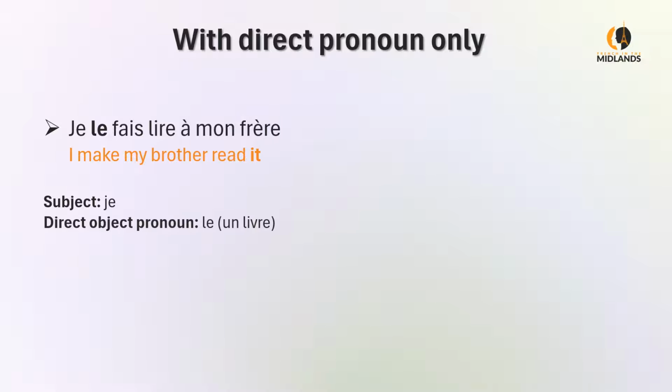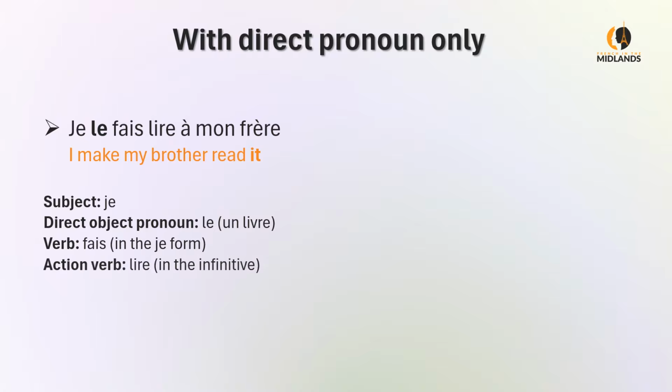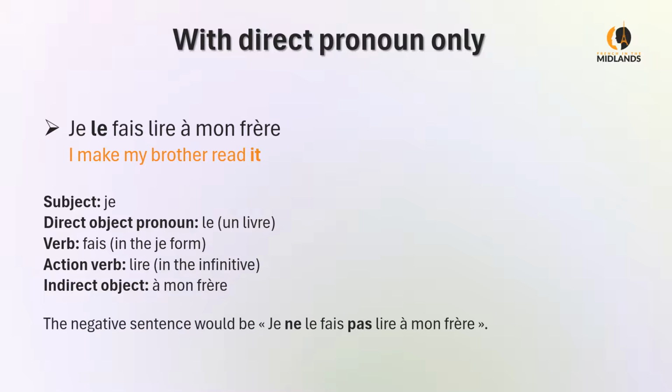The direct object pronoun is le, which replaces un livre. The verb is fait, that's the active verb in the je form. The action verb is still lire in the infinitive. And the indirect object, it's still there, it's à mon frère, to my brother. The negative sentence would be je ne le fais pas lire à mon frère.